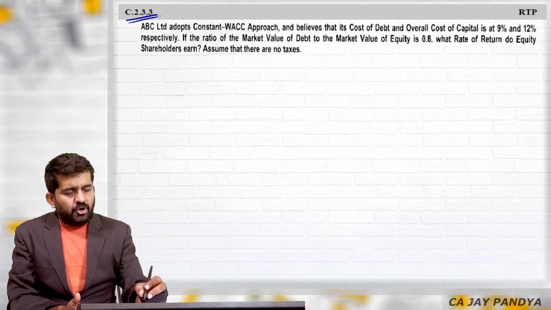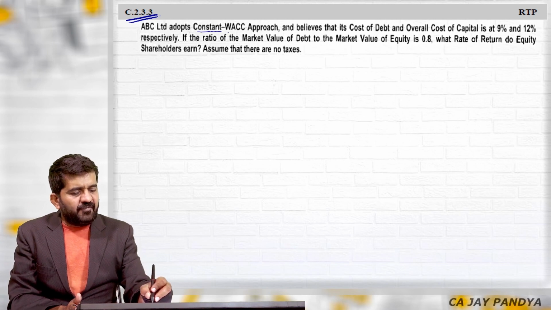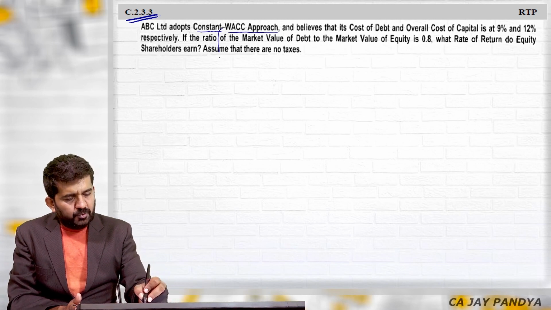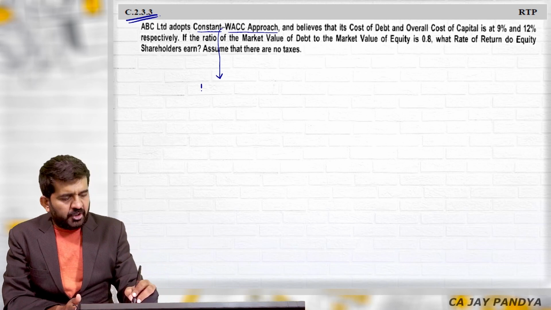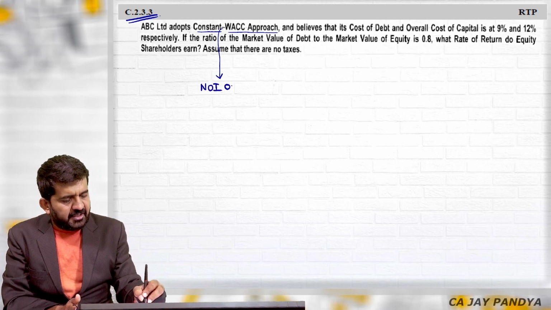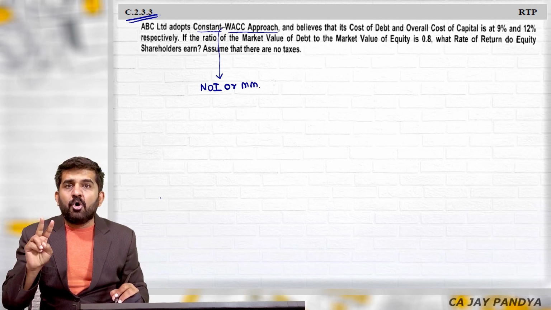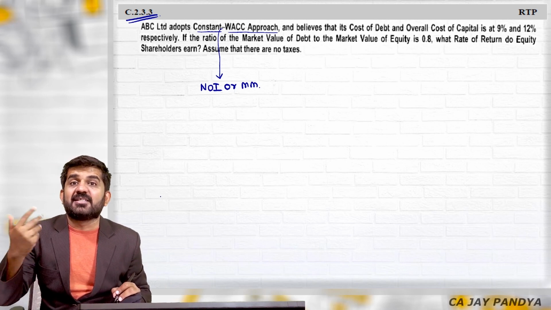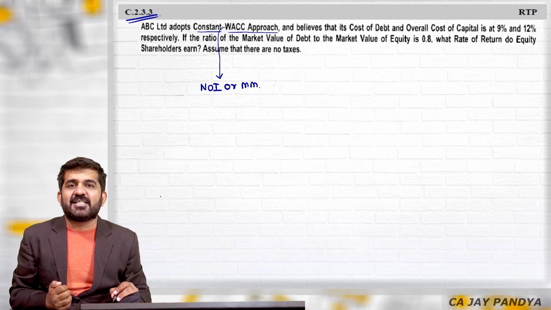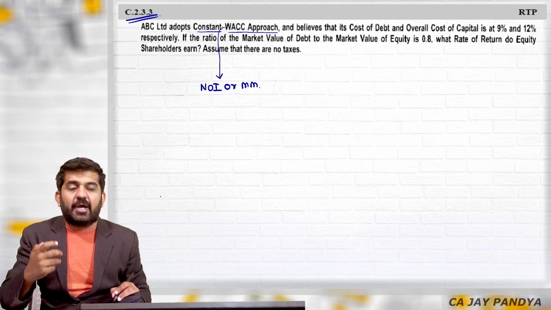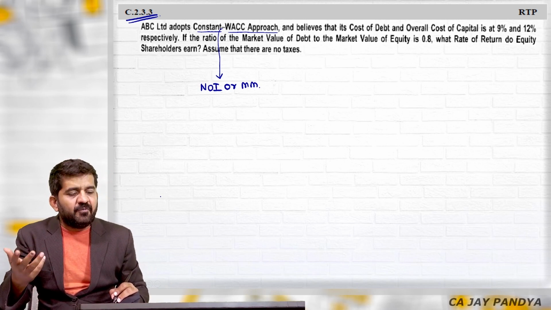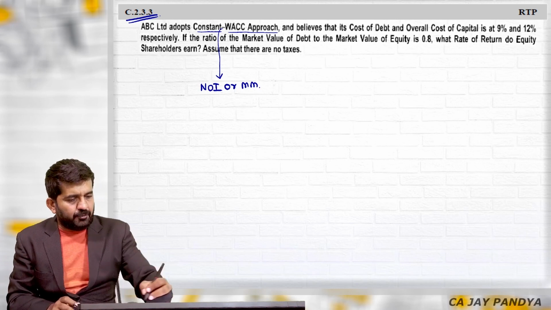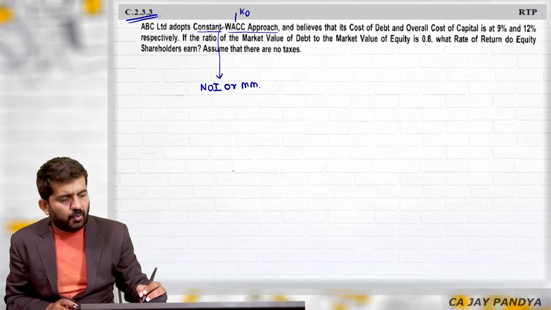ABC Limited adopts constant weighted average cost approach. When this phrase is written, it is nothing but NOI or MM. Both say your KO remains the same. So it is also termed the constant KO approach or constant weighted average cost of capital approach. What is weighted average cost of capital? KO.